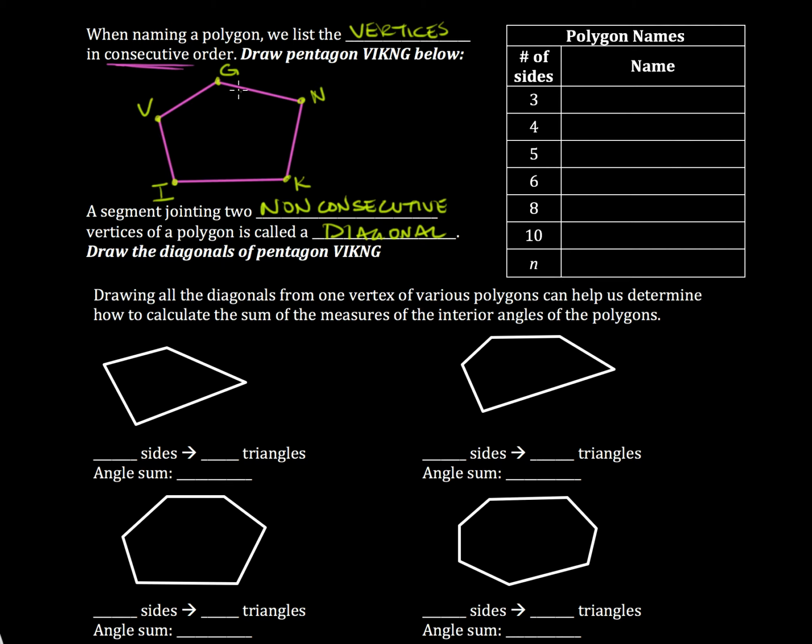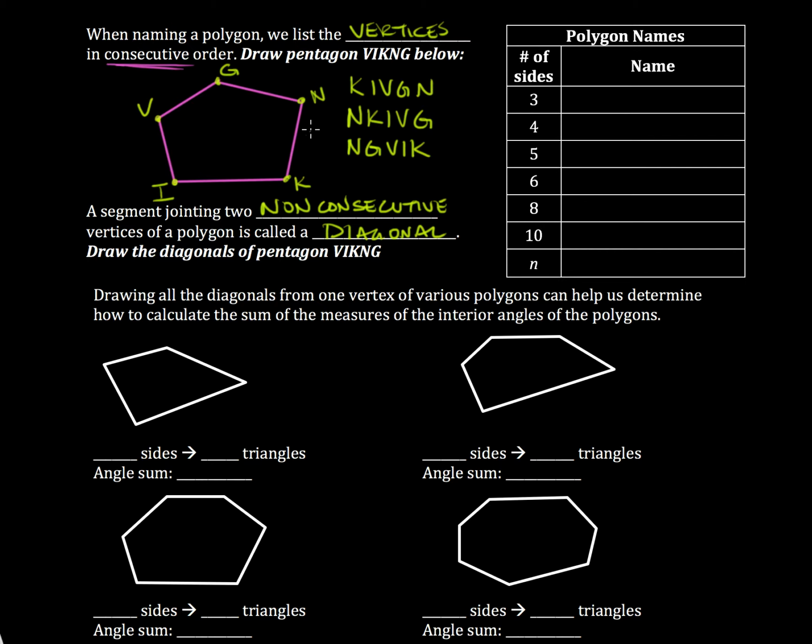Now that's not the only name for this polygon. I could have also started here with N and called this polygon NKIVG. Or I could have started with N and gone counterclockwise, NGVIK. Or perhaps I would have started with K and gone clockwise and be KIVGN.